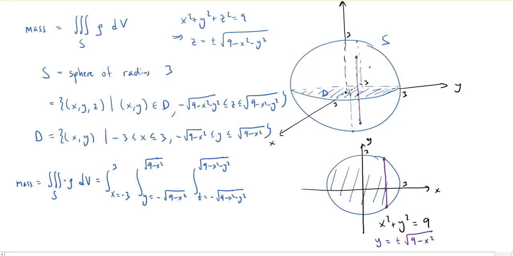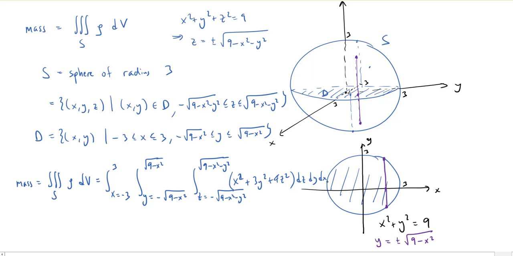And then we have our density function. What was the density function there? I guess our density function was x squared plus 3y squared plus 4z squared. And then we read them backward: dz, dy, and dx.